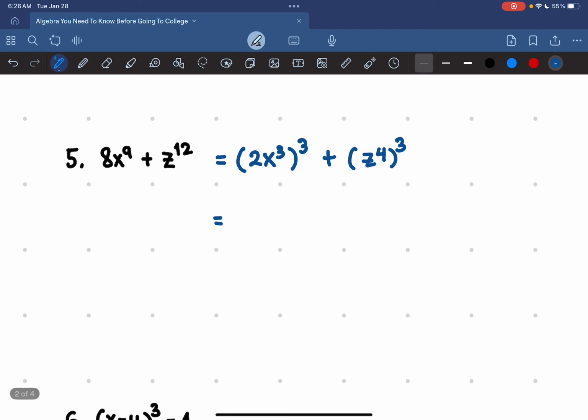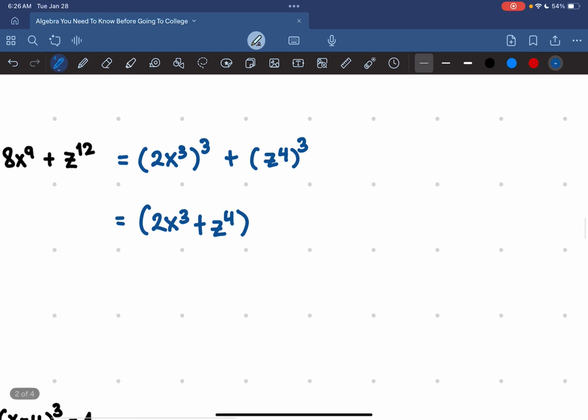So we'll have here, first you add these two, and then first square this first one.